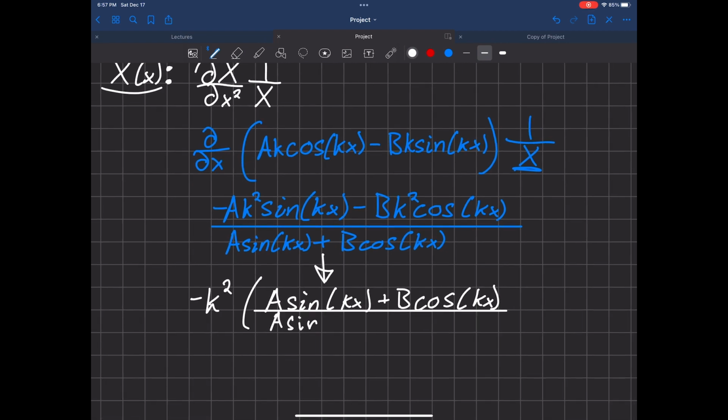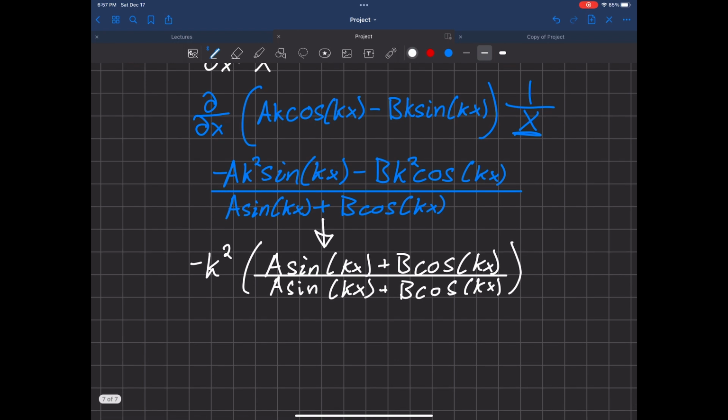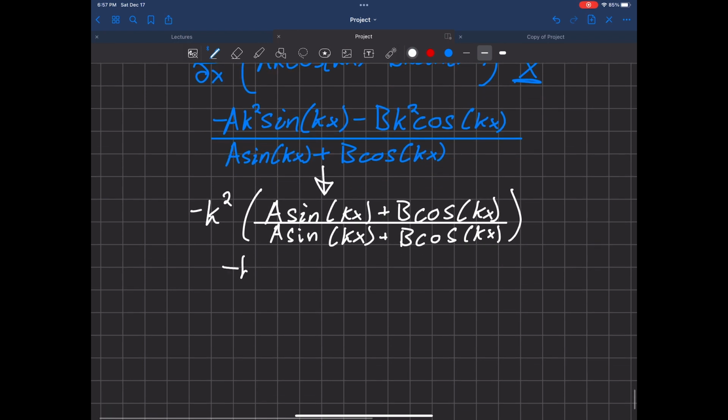It's kind of redundant here, but I just want to make sure that we all see what happens. As you can see, numerator and denominator are the same, so we just get 1, right? So we have negative k squared times 1, or just negative k squared.